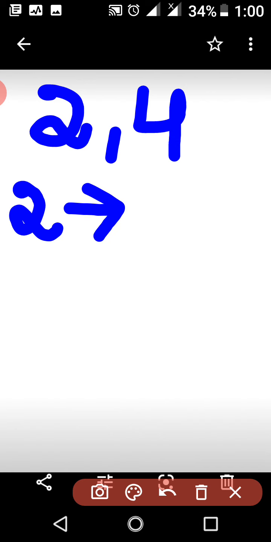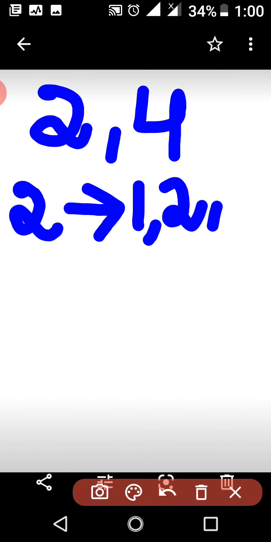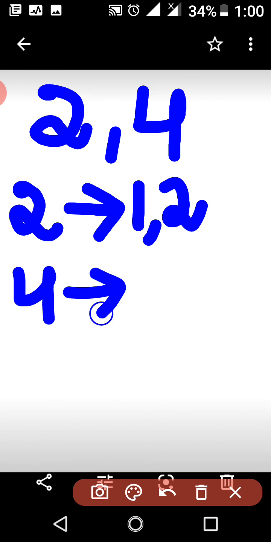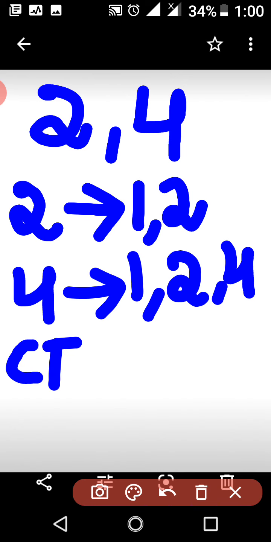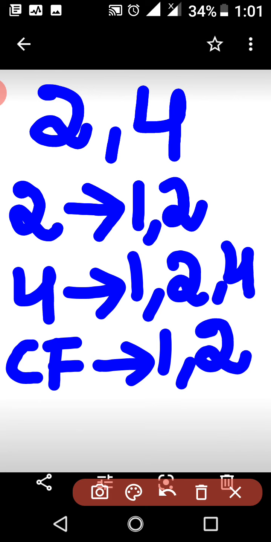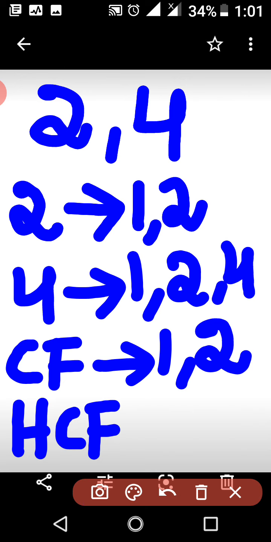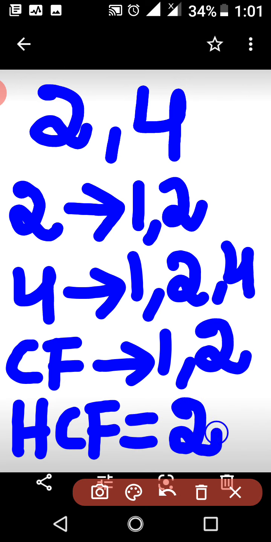Factors of 2 are 1 and 2. Next, factors of 4 are 1, 2 and 4. So from this, what are the common factors? The common factors are 1 and 2. Among these both, 2 is the highest one, the greatest one. So the HCF is 2.